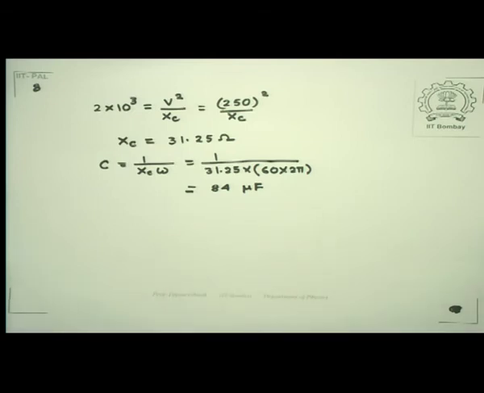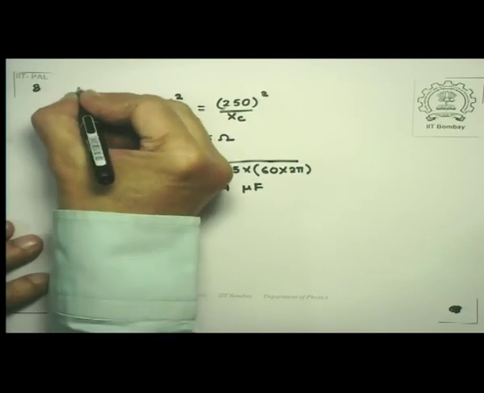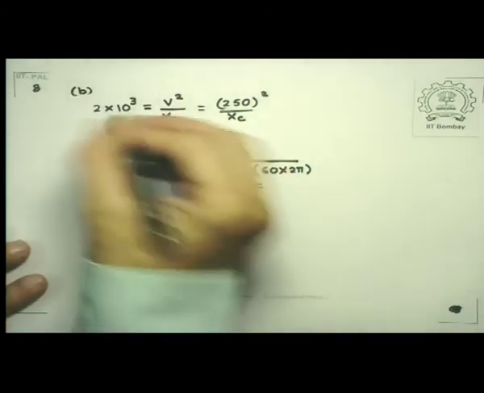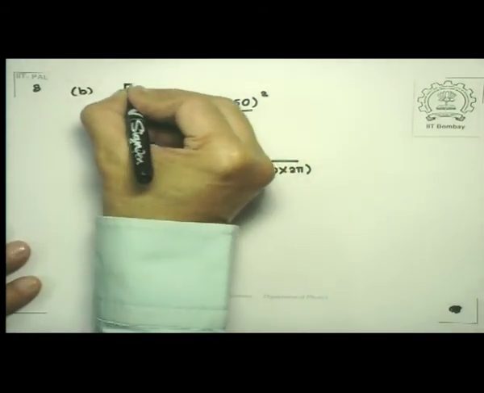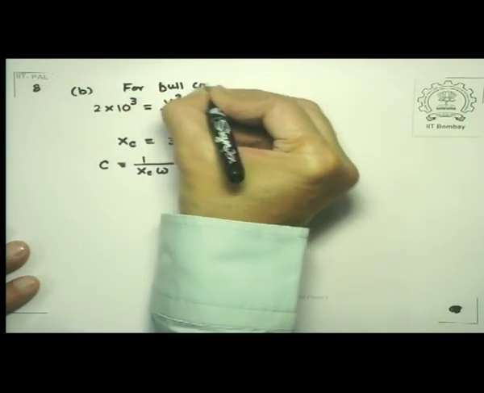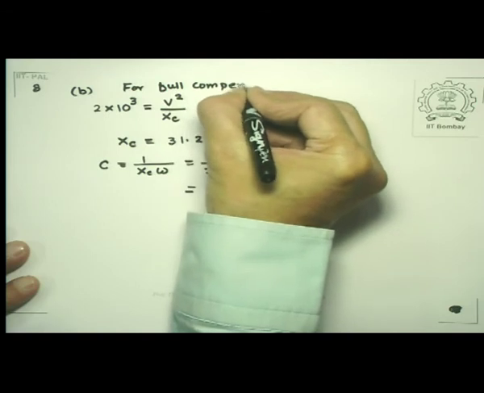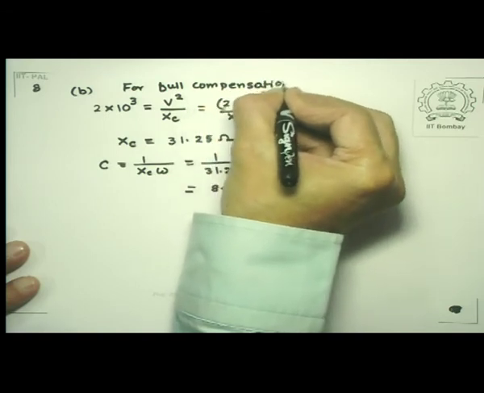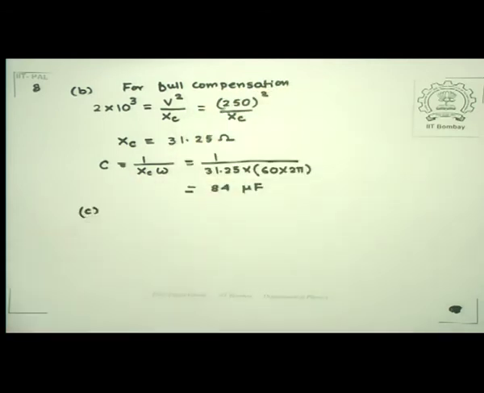Okay. Now let us suppose, so this is my second thing, for full compensation, what do we need? I have seen that I need something like 84 microfarad, and let us suppose I have with me an 80 microfarad.